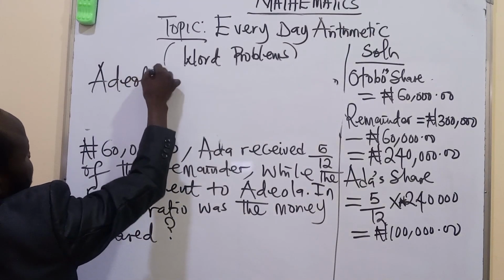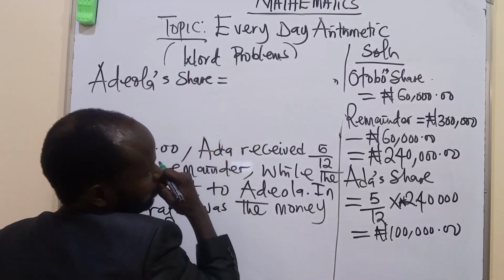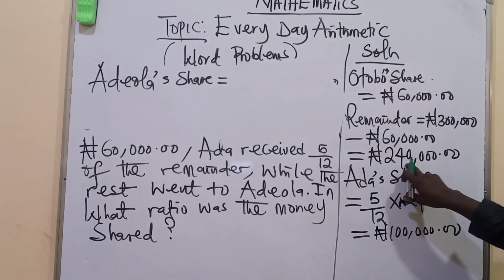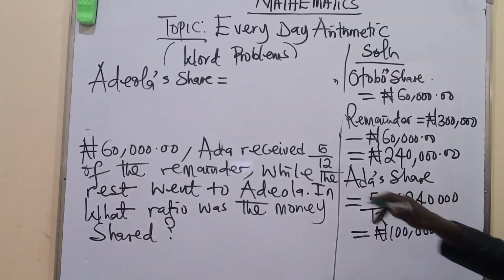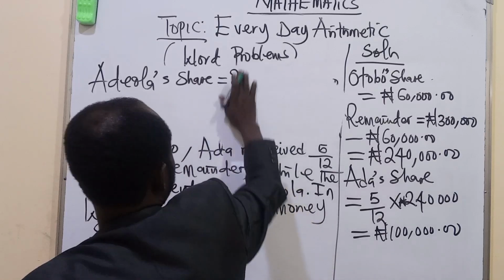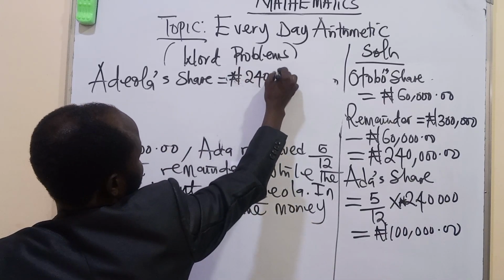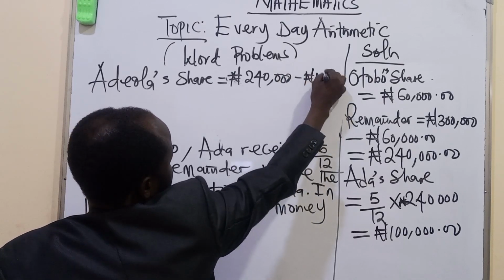Adiola's share will be equal to the remainder, the remainder is 240,000. Then Ada received 100,000 out of it, so it will be 240,000 minus what Ada received.